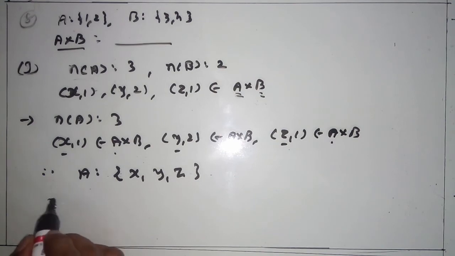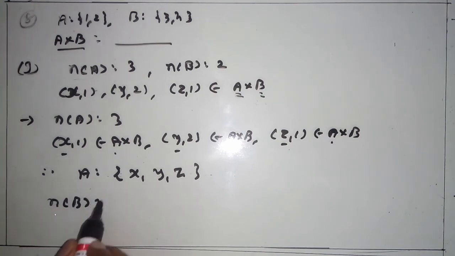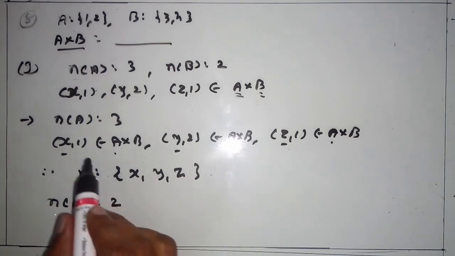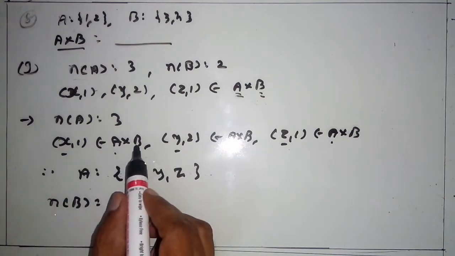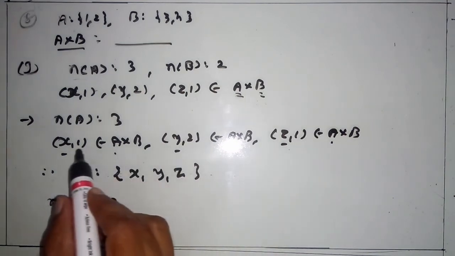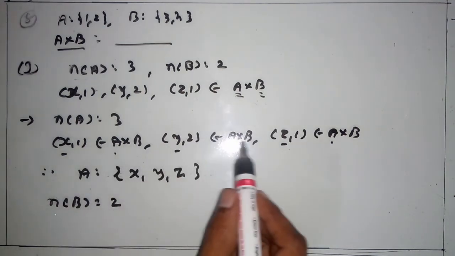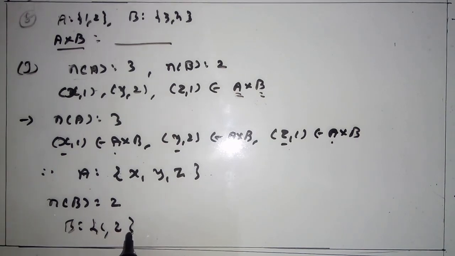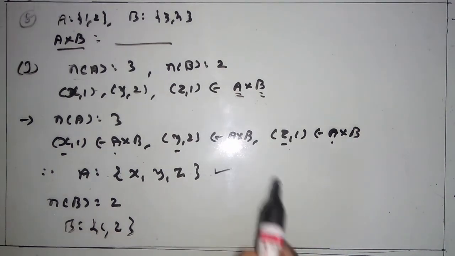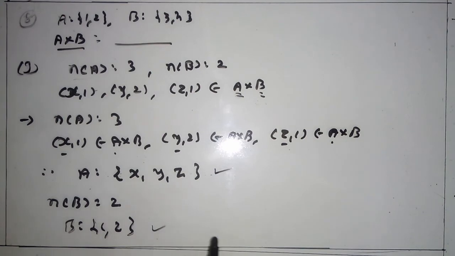Similarly, the number of elements of B is 2, given, and the second element lies in the second set B. So 1 belongs to B, 2 belongs to B, and here 1 belongs to B. So B contains 1 and 2, two members. Clear? So set A is equal to {x, y, z} and B is equal to {1, 2}.